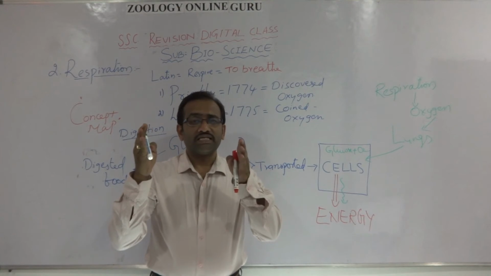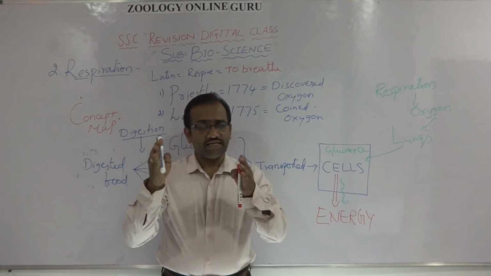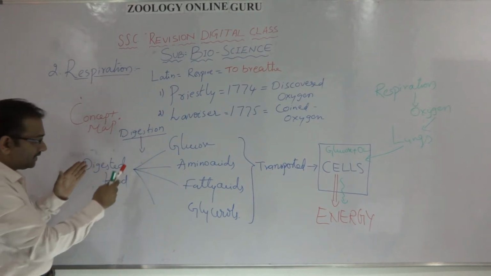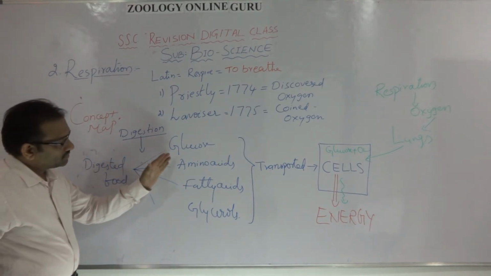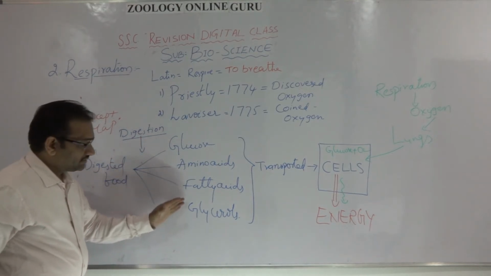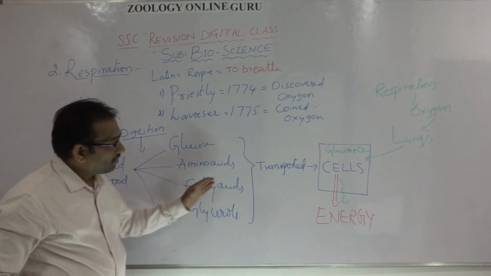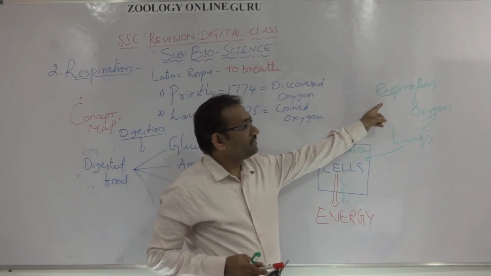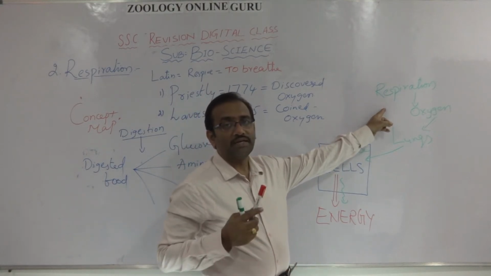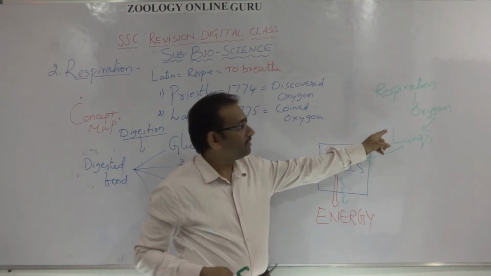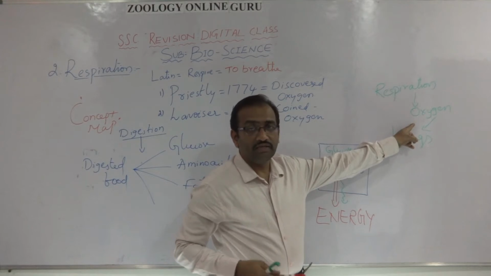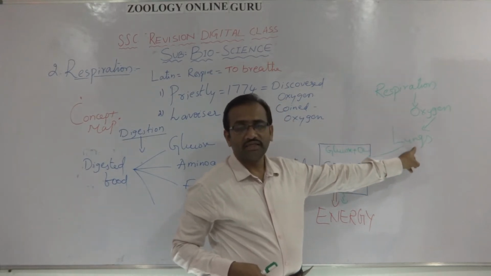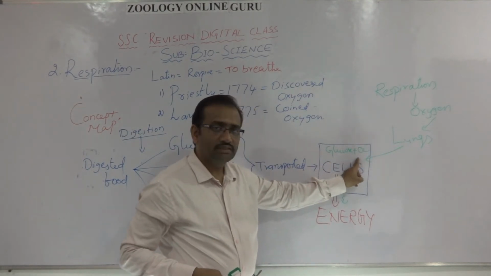So the concept map clearly states that in the digestive system, digested food, the glucose, amino acid, fatty acid, glycerols, is transported to cells. At the same time, in the breathing system, we are taking in oxygen in inspiration, and from the lungs that oxygen is transported to the cells.